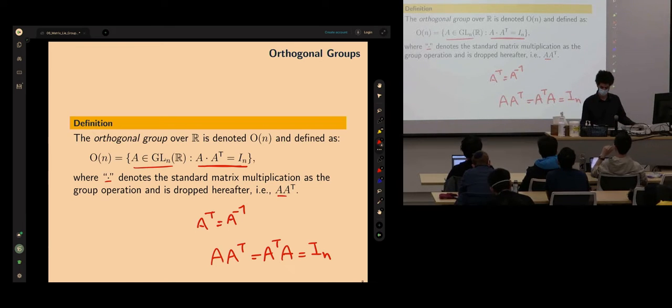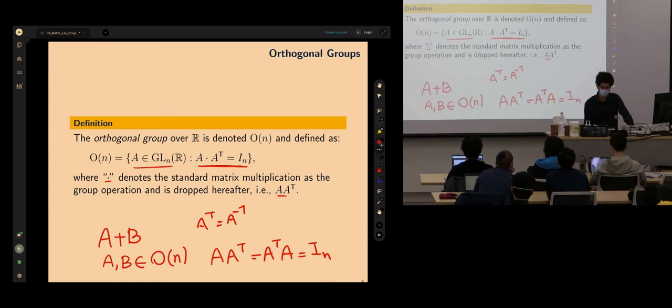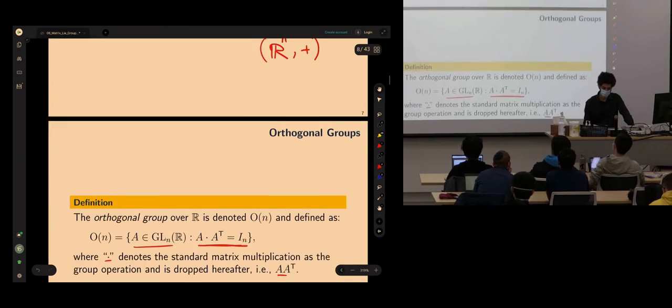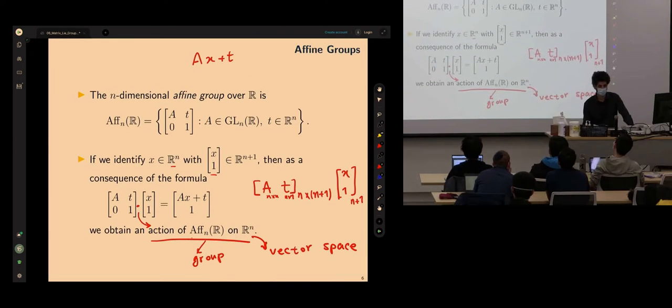I have a question for the closure. Only the multiplication operation is in the definition? Yes, you cannot add A plus B if you have A and B, both of them part of this orthogonal group. As well as for the affine matrix and translation. Okay, the question is, in the affine, we have the addition. My answer is we do not.